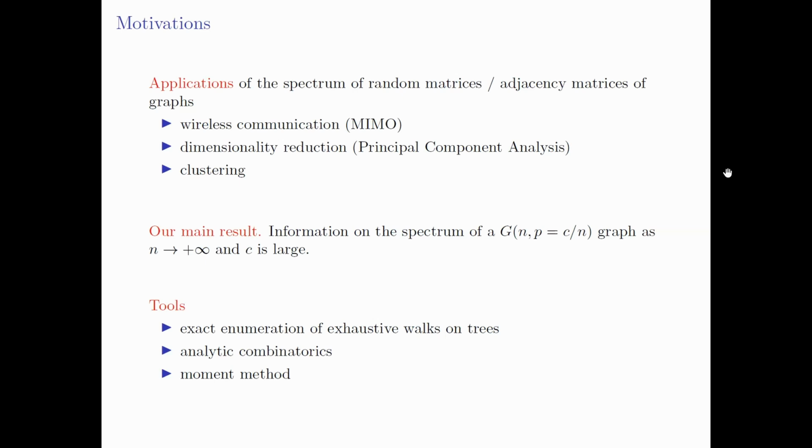You can think about that also to reduce the size of the matrix, taking into account only the space corresponding to the highest eigenvalues, or you can use that for clustering. But to be honest, what I will present today is a bit more fundamental and far from those applications. But just so you know, they exist.